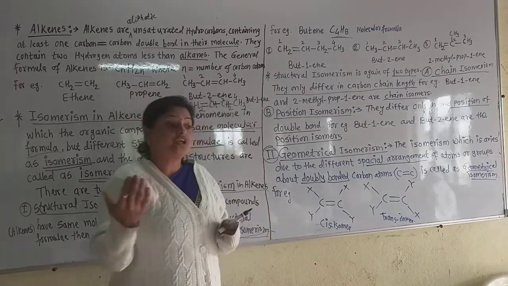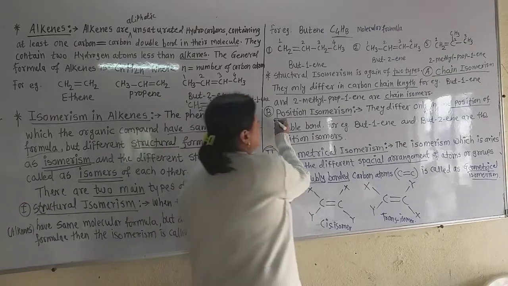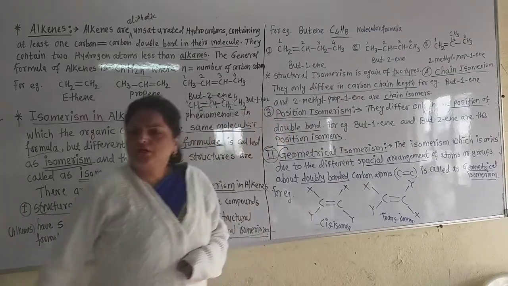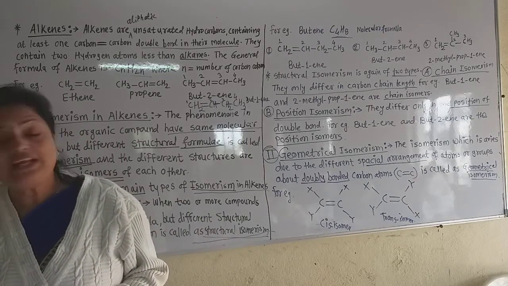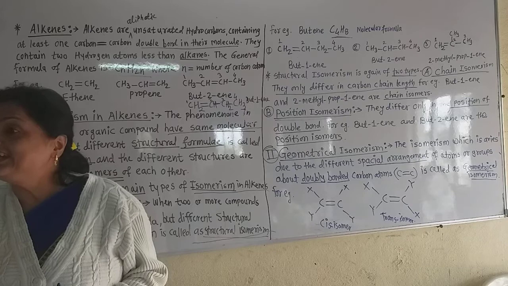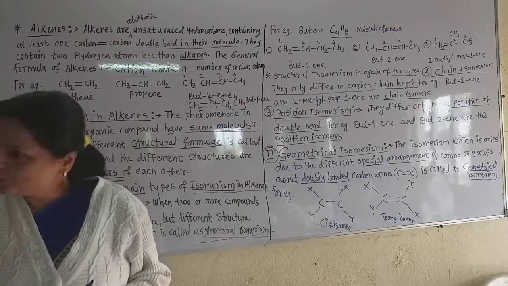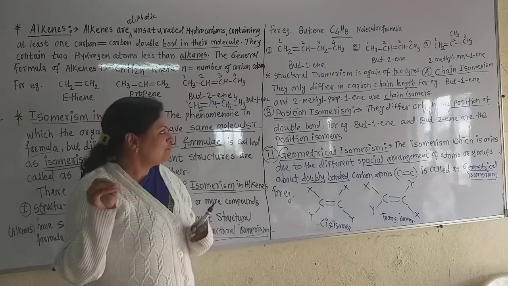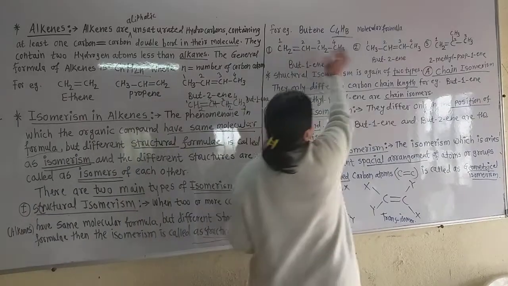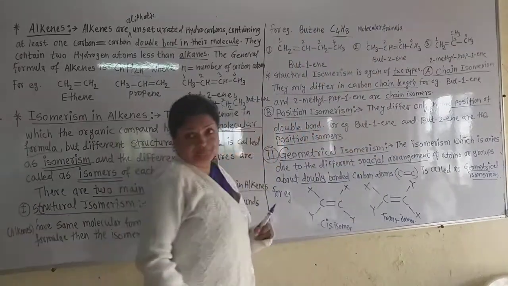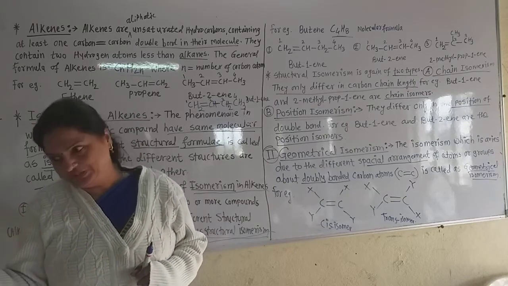Now the second type of structural isomers is position isomerism. Very important. As the name suggests, in position isomerism only the double bond has a different position. That means the isomers differ only in the position of the double bond. Now see, these first two are position isomers, but-1-ene and but-2-ene.